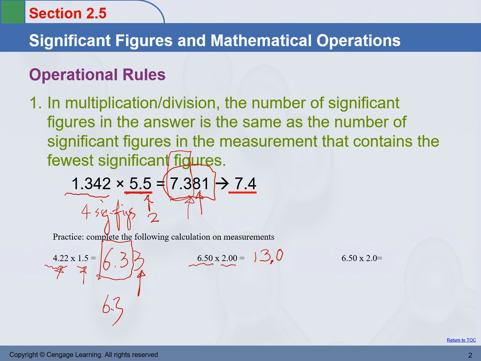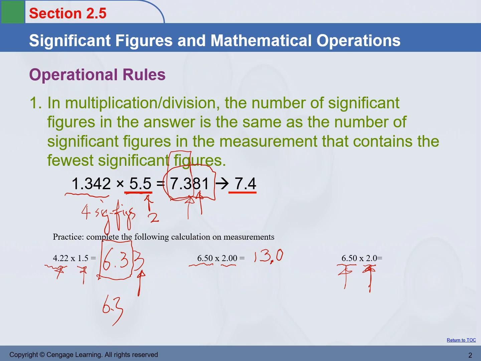Next one is almost the same as the second one: 6.50, 3 sig figs, 2.0, 2 sig figs. The only difference between this one and the last one is that the second number has only 2 sig figs. The first number has 3 sig figs, the second has 2, so your answer should only have 2 sig figs.